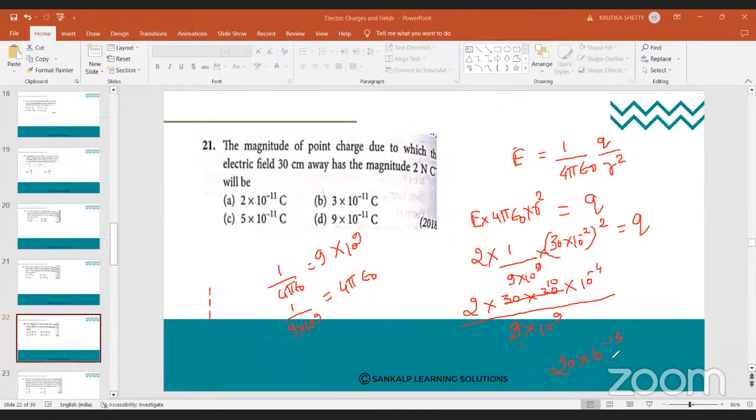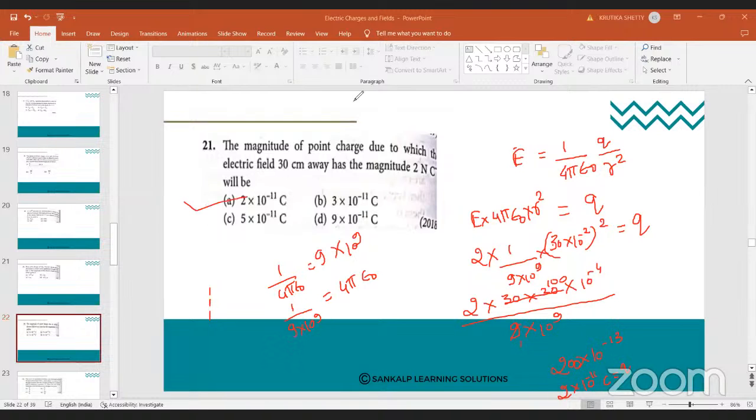Minus 13. Sorry, this is 200, right? Here it becomes 200. It is 200 into 10 raised to minus 13. In the options we don't have 10 to the power minus 13, we have 10 to the power minus 11. So if I shift the decimals, I get 2 into 10 raised to minus 11 Coulomb. That is option A, the correct answer.